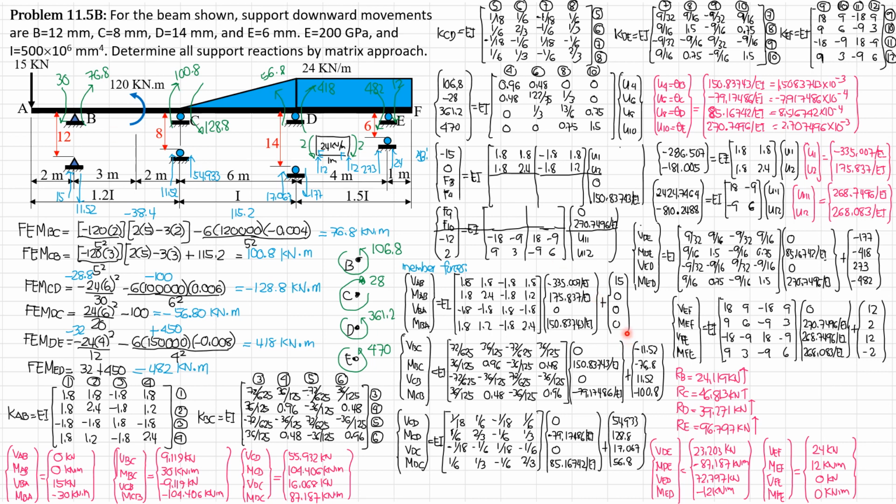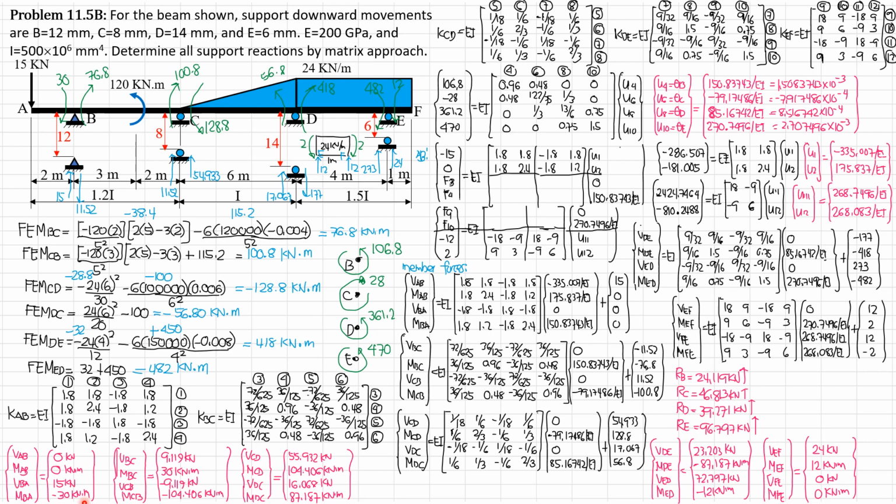So getting the product of this and this, the result would be shear AB is 0, of course. Moment AB is 0. Moment at A is 0, of course. Then shear BA 15 kilonewtons and moment BA negative 30 as expected, which is equal to MBC in the classical method.